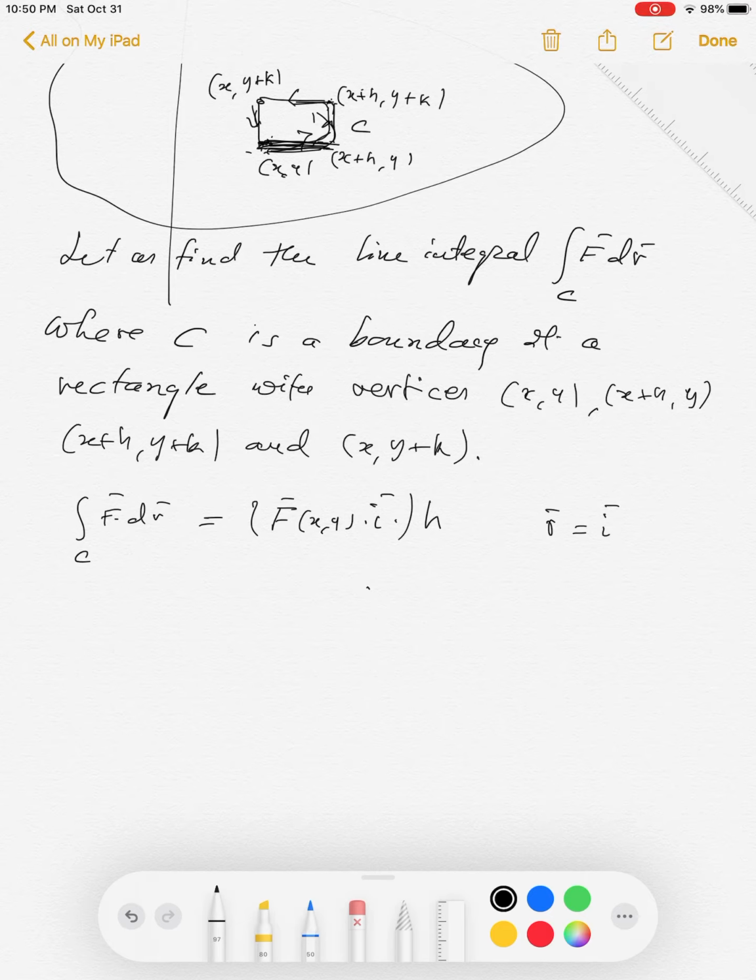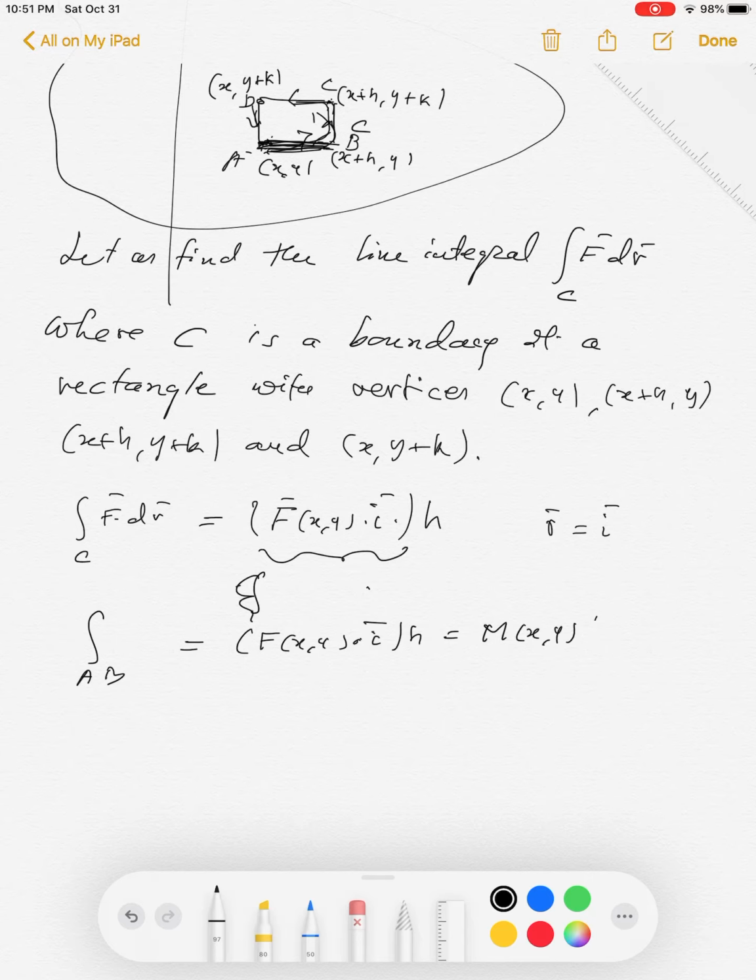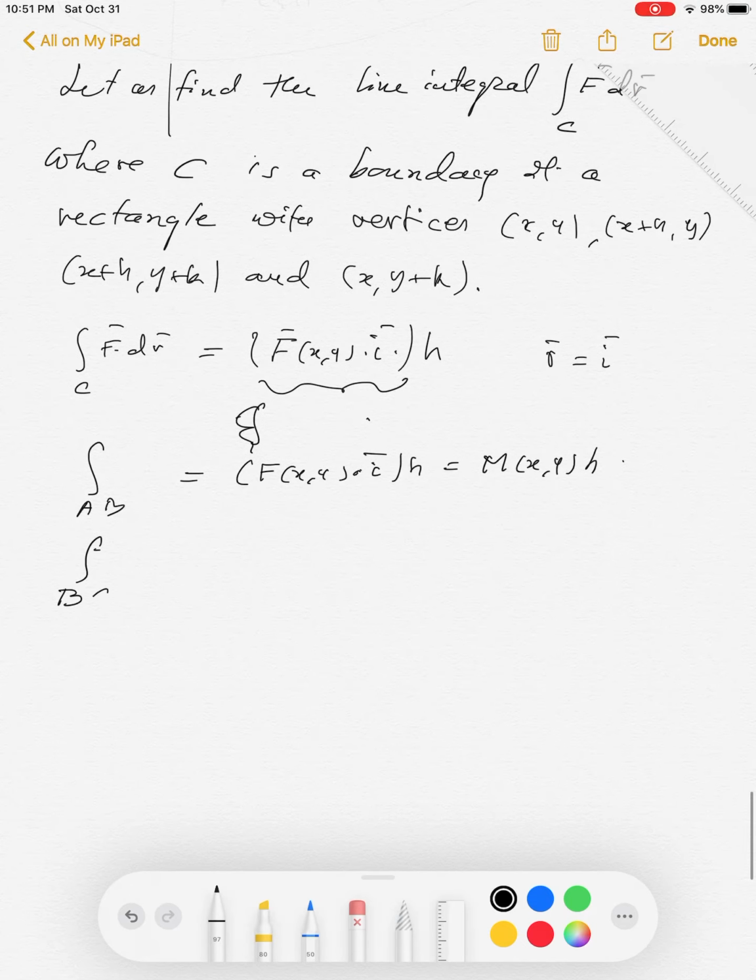Let's call these points A, B, C, D. C is a bad choice because C is also for the curve, but we'll not get confused. The integral over the piece AB is going to be f bar at (x, y) dot i bar times h, which is M(x, y) h.